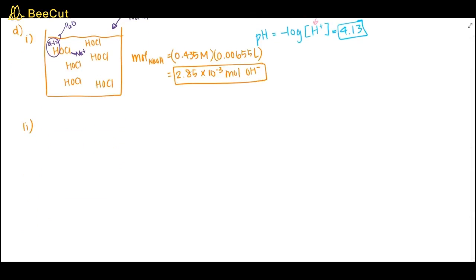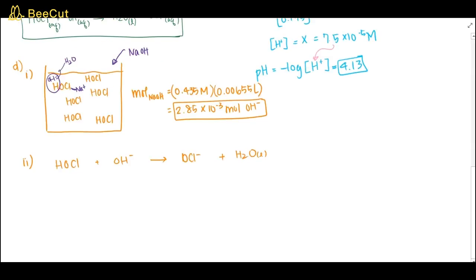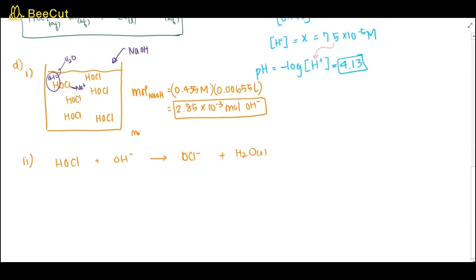So first of all, we know that we have a certain amount of HOCl, and we know we have a certain amount of OH minuses, and we know that we're not only creating OCl minuses, but we are also creating water, right? And that's liquid. Now, what is the moles of HOCl that I actually have? So I'm actually just going to figure that out, moles of HOCl.